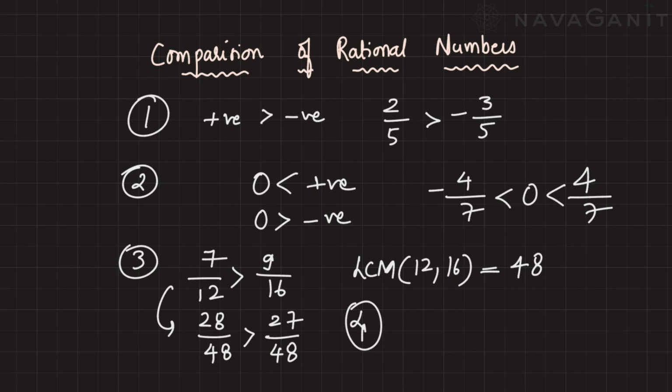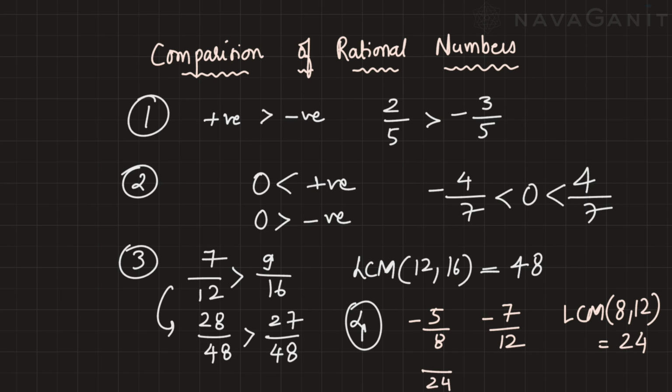Fourth thing is how we compare two negative rational numbers. So let us understand by example. Say we have to compare -5 upon 8 and -7 by 12. In this case also the steps are the same. So we just find the LCM of 8 and 12, which is 24. So I simply rewrite both of these rational numbers so that the denominator is 24.